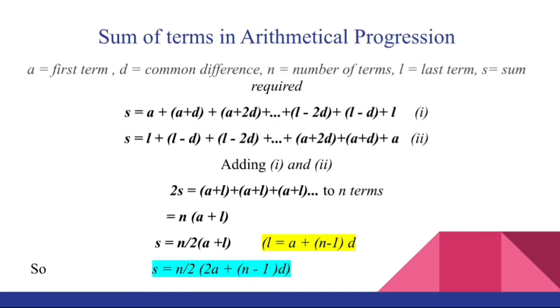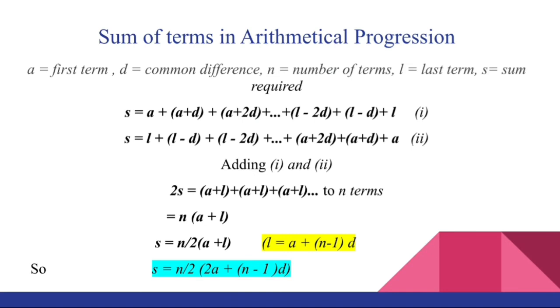Now, what is the sum of an arithmetic series? It is a very important thing to note. What is the sum of the terms of an arithmetic progression? a is the first term, d is the common difference, n is the number of terms, l is the last term, and S equals the sum required. So we notice that S equals a plus, a plus d, a plus 2d, and so on.